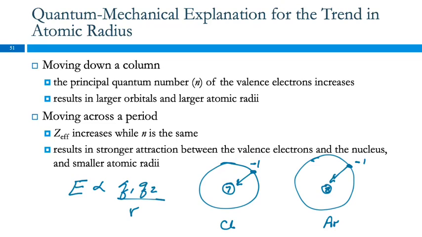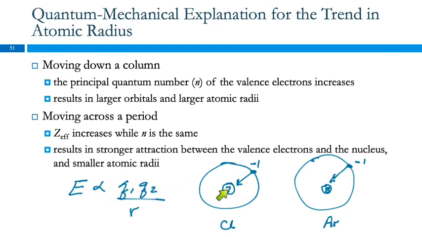They're in the third level. Here it's more convenient to think of the Bohr model, where n equals 3 is this orbit at a specific distance from the nucleus. So all other things being equal, R here would be the same. And so what we can look at that's different is Q1 and Q2.